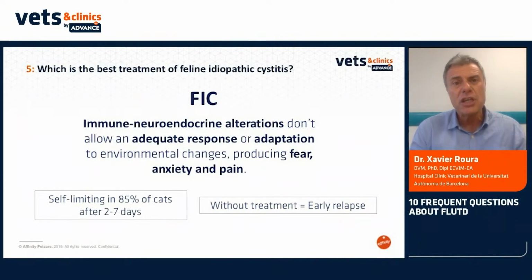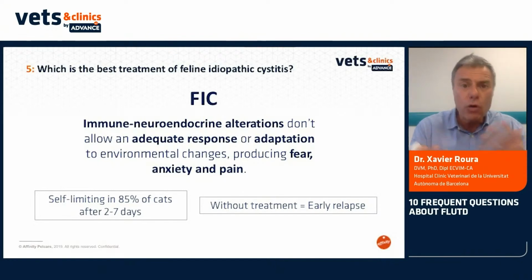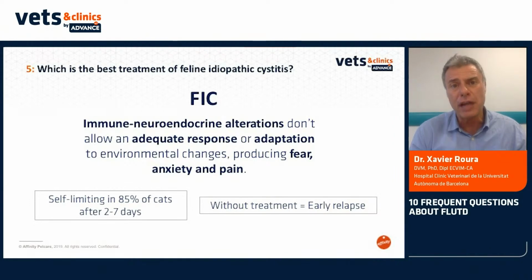This kind of disease is very similar in humans, where it is also described, and the etiopathology is probably the same. So, because we don't have any good treatment, because we don't know exactly the cause of these immuno and neuroendocrine alterations, we just can do a re-evaluation.